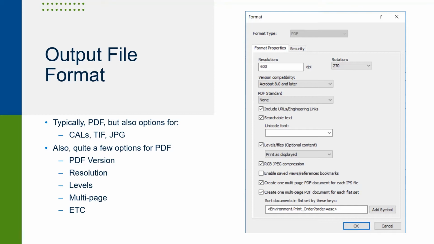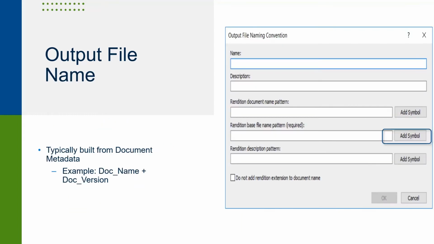Will people be able to turn off levels and layers in the PDF like they could in the CAD file? Will you be able to make multi-page PDFs from, say, an Interplot Organizer plot set or an IPS file or a flat set within ProjectWise? All of that is at your administrator's determination and could be at your fingertips.